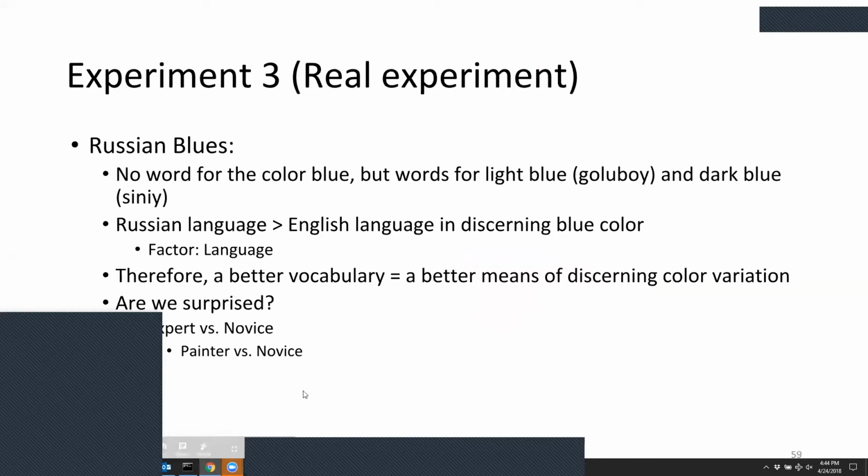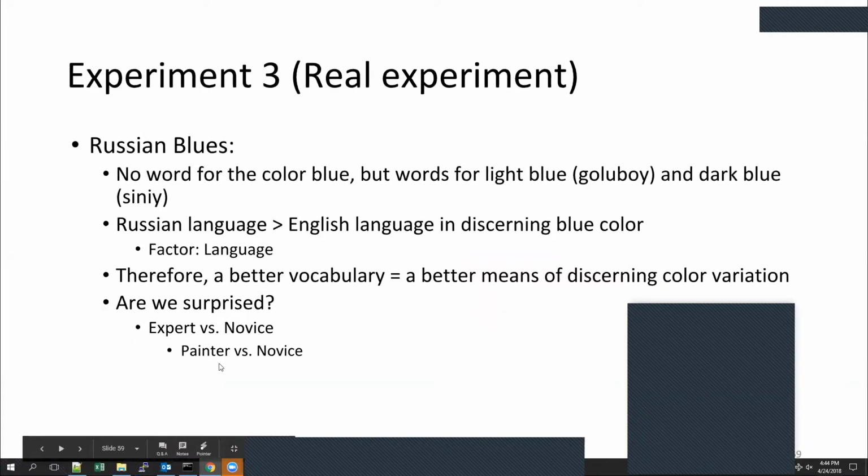Some of the other examples you can think about: somebody who's an expert versus a novice in certain fields, or a painter in this case would probably be better at this experiment than people that are not painters, because they have a better understanding, a better lexicon, if you will, of different types of blues.